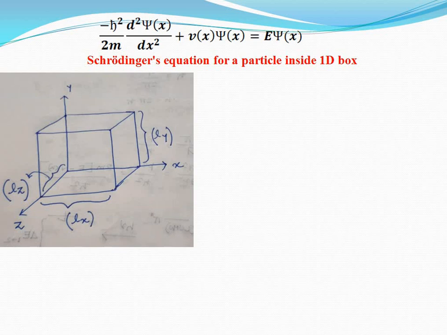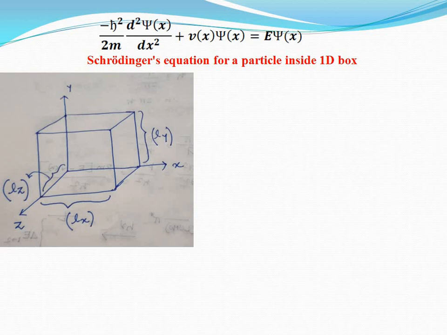Now I am going to three dimensions. So same type of system, but instead of being confined inside a one-dimensional box, the particle is now confined in a three-dimensional box. You can see that this is a three-dimensional box. These are the coordinate axes along x, y and z, and this is the box, and inside this box the particle resides.